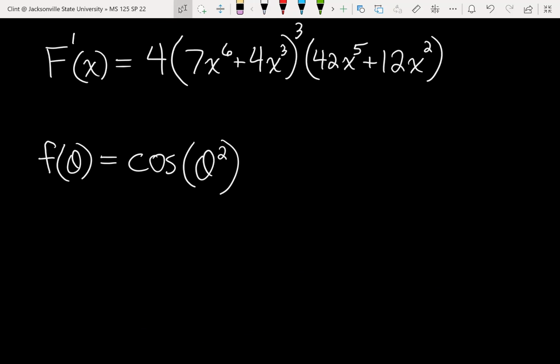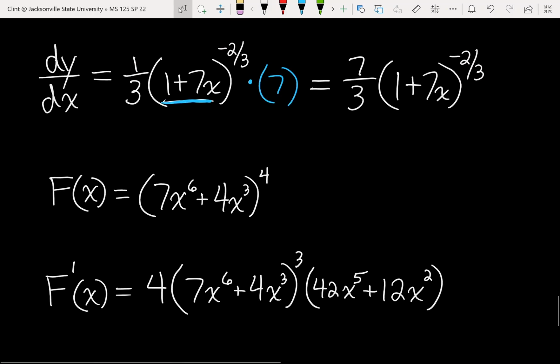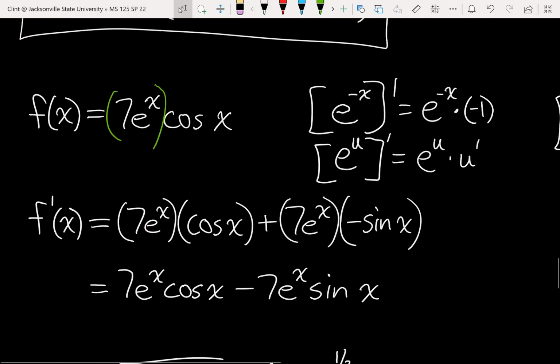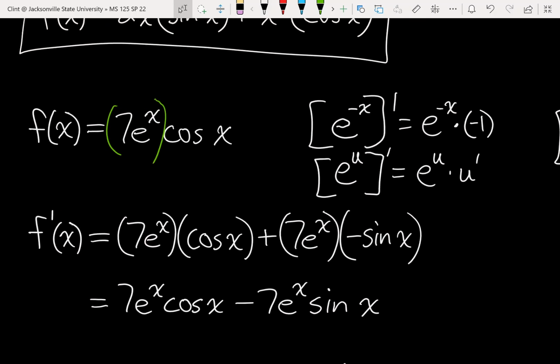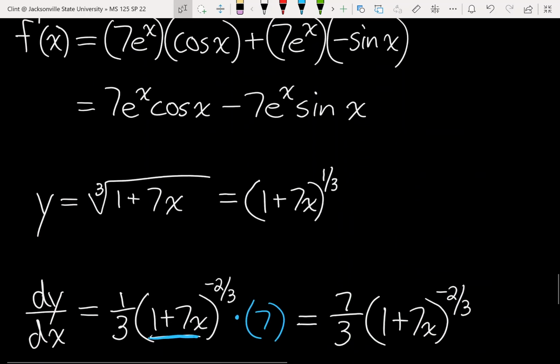So we got f of theta is cosine of theta squared. Yeah, so product rule we use when we have two functions that are just multiplied together, and that's all. Chain rule is more of a situation where we have one function inside of another function. Like here we've got the 1 plus 7x inside of the cube root.